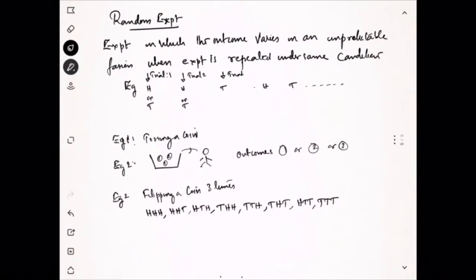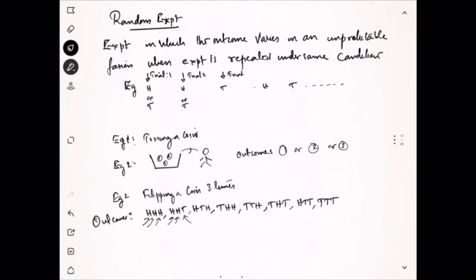If you are flipping a coin 3 times, for the first time you may get head, and the third time also you may get head. In another way, in the first 2 trials you may get head, and the third trial you may get the tail. So and so on. These are all the possible outcomes you may get.